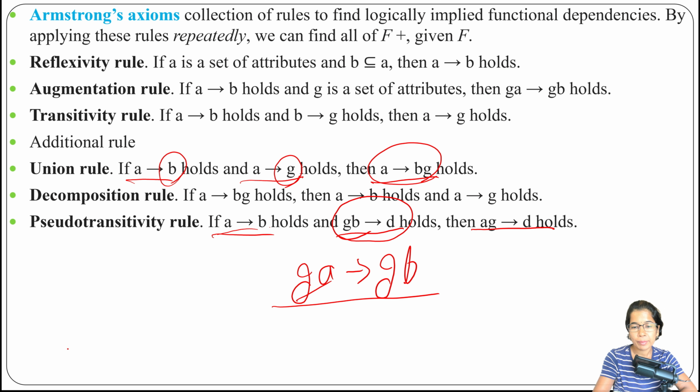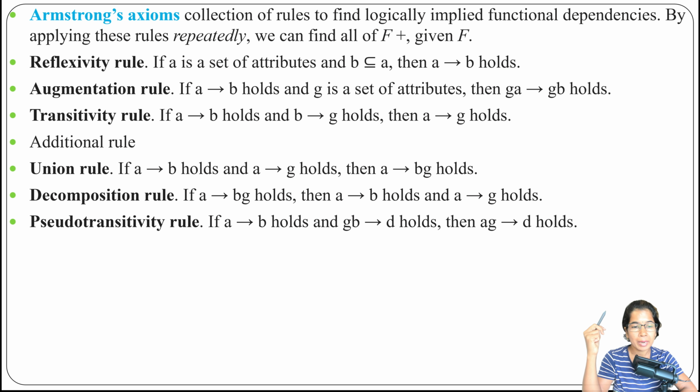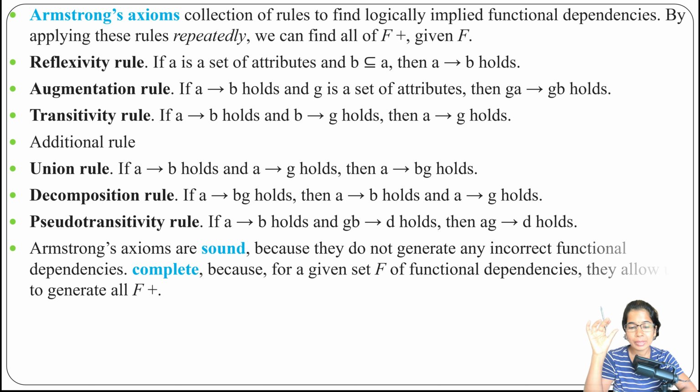First we use the augmentation rule, then we use the transitive. So these are the 6 rules by following which we can find logically implied functional dependencies. We can find the functional dependency closure. And this is sound and complete, as it doesn't generate any incorrect functional dependency and it generates the set of all functional dependencies. That's why it is complete.